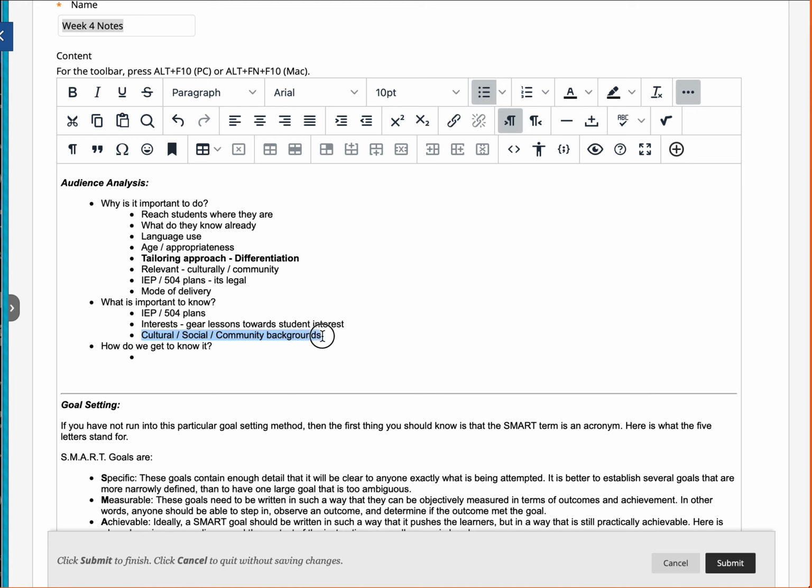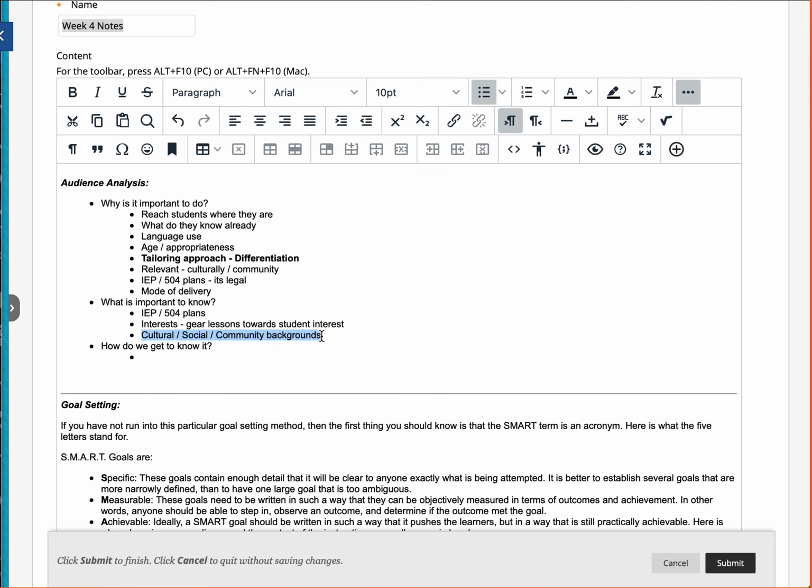So maybe through some kind of a survey, if you don't know the community. I know some teachers live in the communities where they teach and others don't. I live in the town where I teach, so I've got a pretty good idea of sort of culturally where my students are coming from.